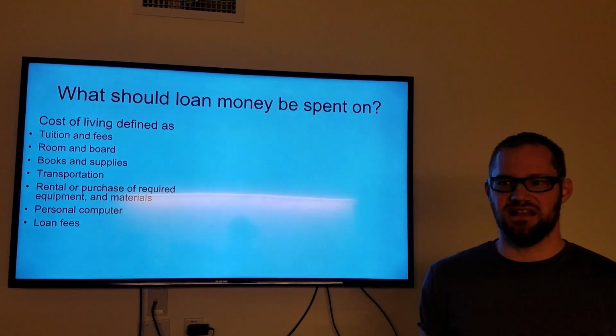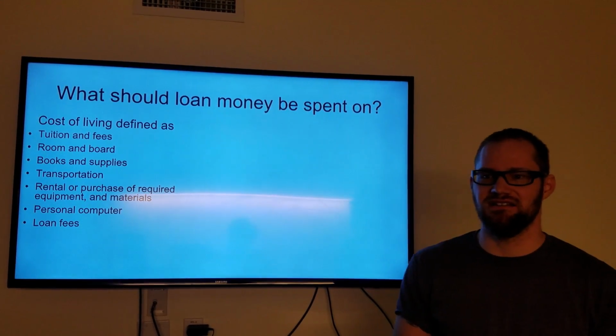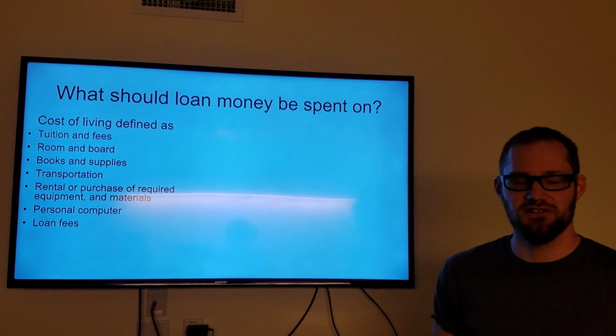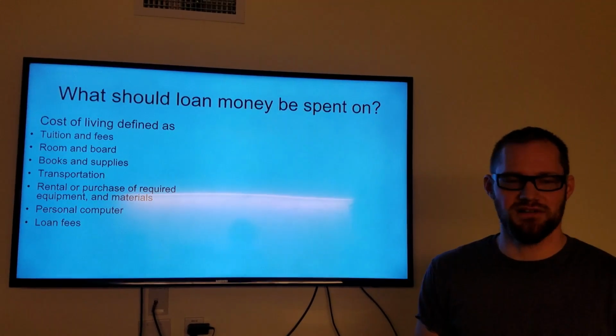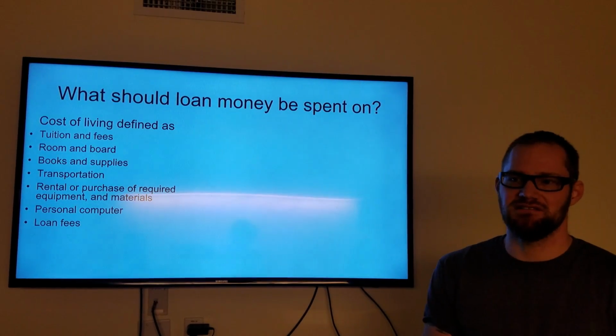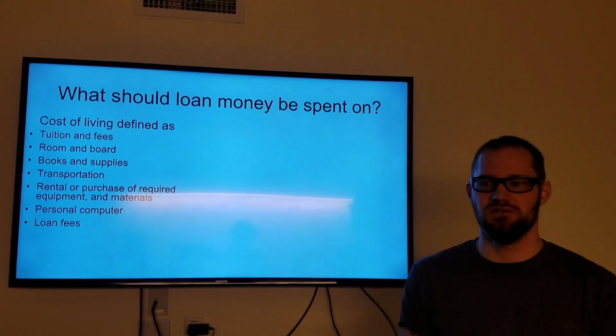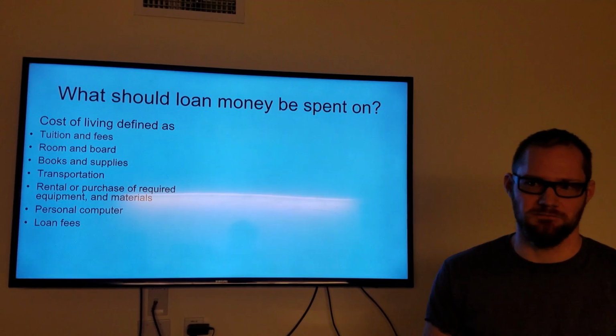The cost of attendance, as defined by the Higher Education Act of 1965, includes tuition and fees, room and board, including off-campus housing, books and supplies, transportation, cost of travel to and from school, but not for the purchase of a vehicle.